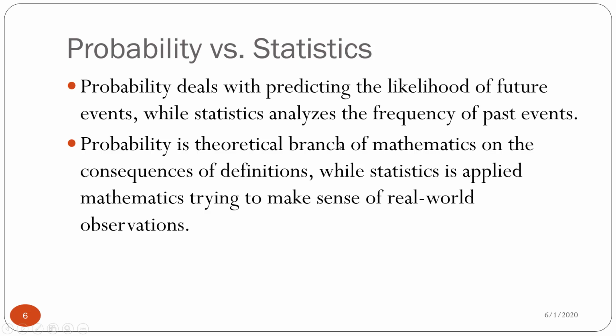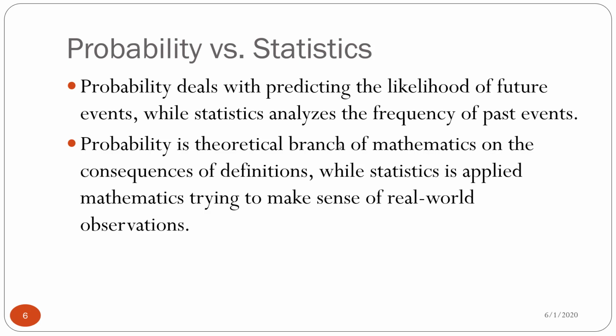Whereas in statistics, we only work with the data that we have from the past. In probability, we try to predict future events, whereas in statistics, we work on previous data, and using it, we come up with some conclusion.